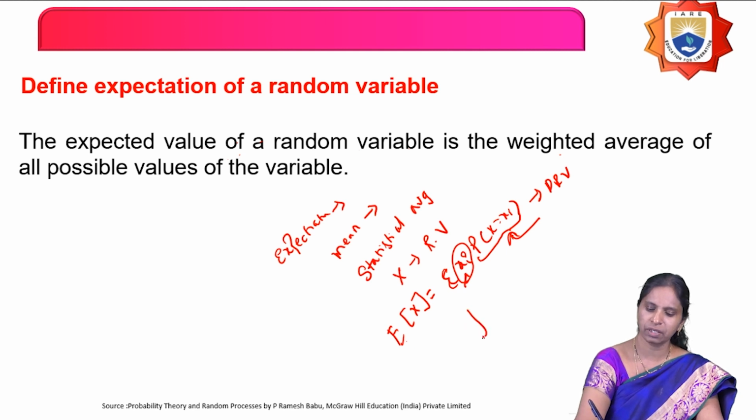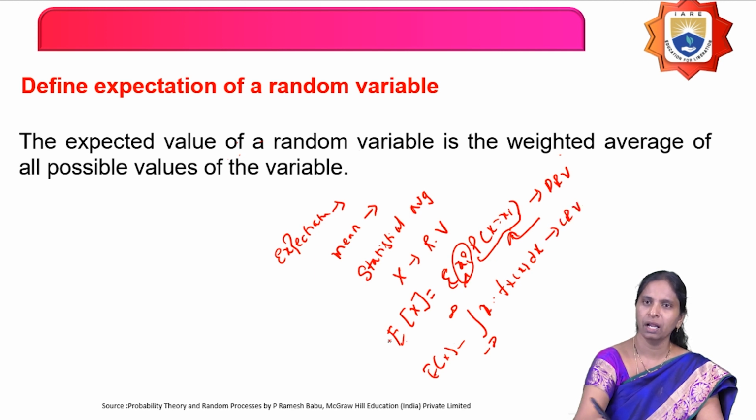For a continuous random variable, in place of the summation you will get integration. So E[X] equals the integral of x into f_X(x) dx. This is the expectation of a continuous random variable, and the earlier one is the expectation of a discrete random variable.